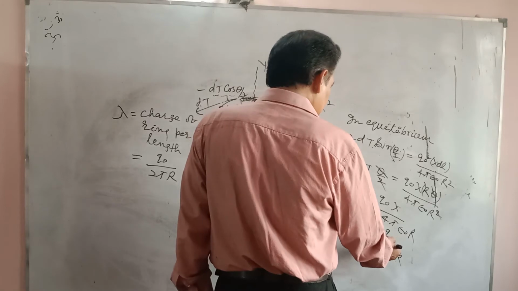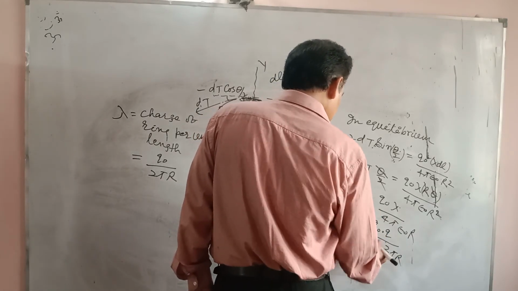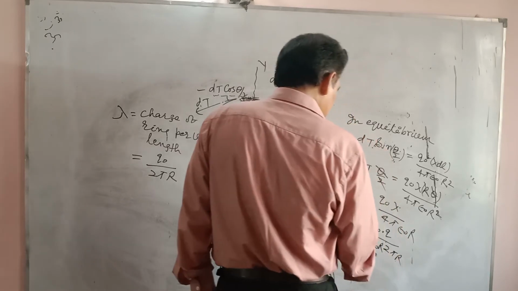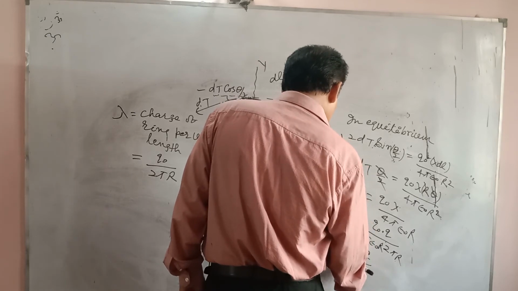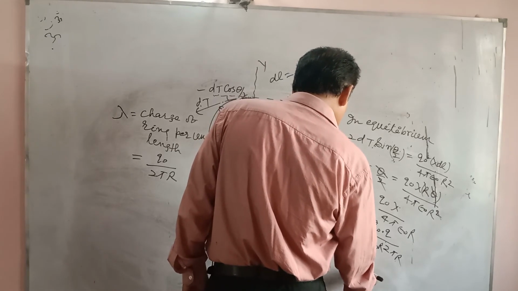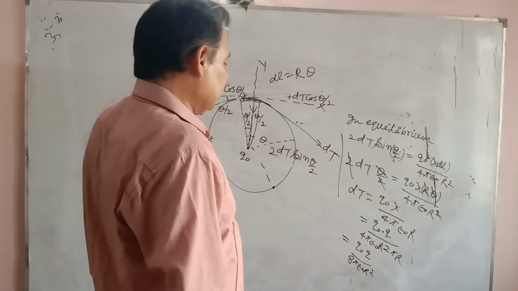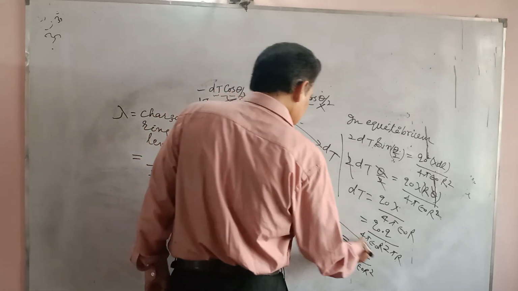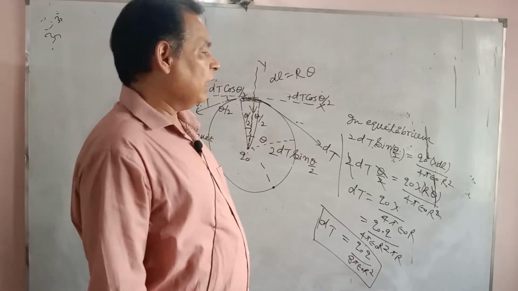Here is 4 pi epsilon naught, and that is r. That one is q naught q by 8 pi epsilon naught r squared. This is the extra dT which will be generated after putting charge q naught at the center.